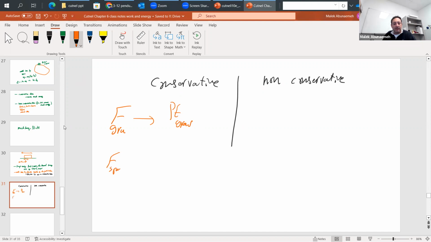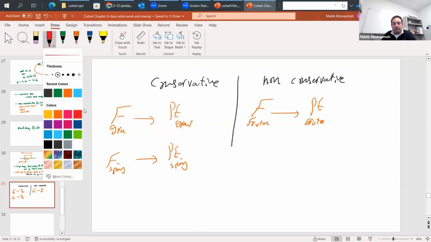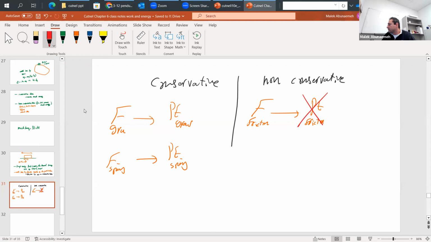A spring force, for instance, you get a spring potential energy. For non-conservative, if you have a friction force, you do not have a friction potential energy. So with friction, there's no potential energy associated with it.